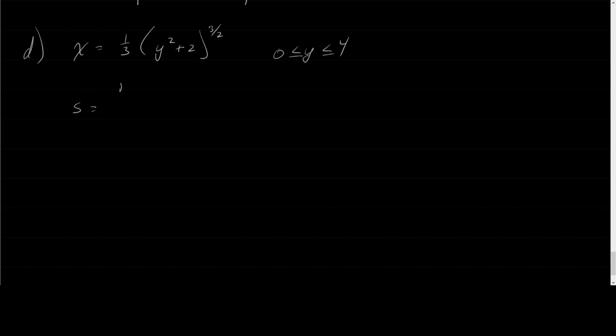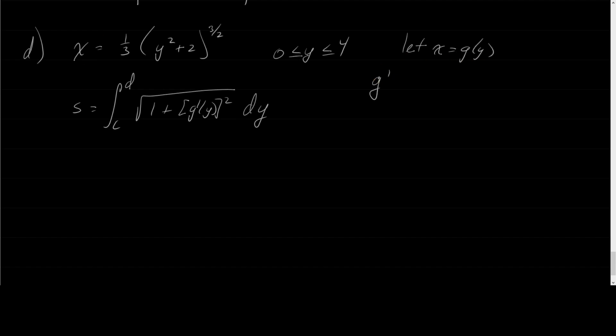The arc length is the integral from c to d of the square root of 1 plus g prime of y, squared, dy. So let's figure out what g prime of y is. If x is g of y, then g prime of y will be the derivative of this, which is bring the exponent down.